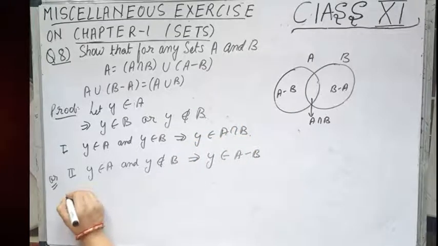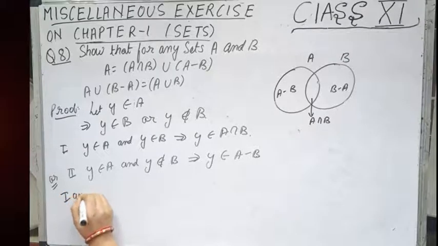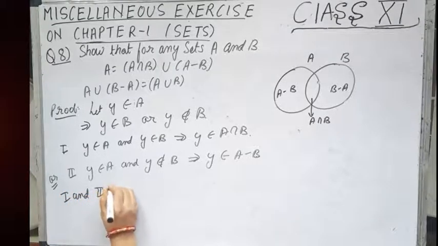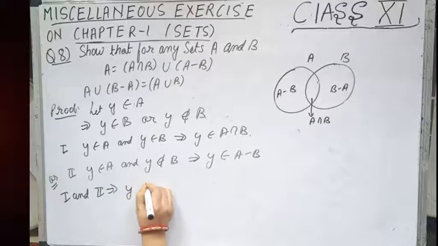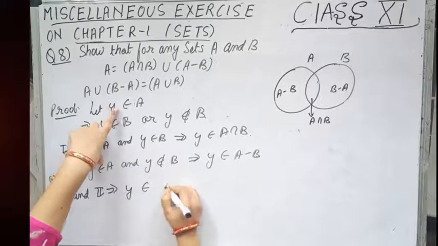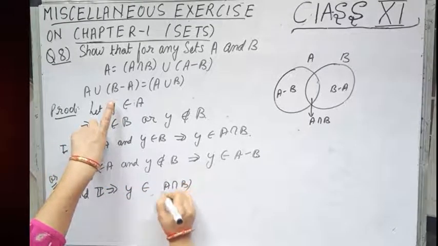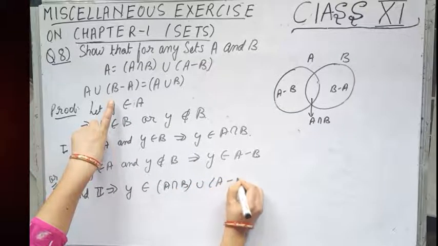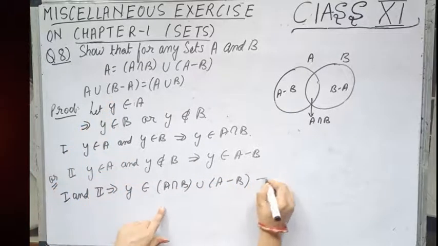Combining these two, we can write 1 and 2 implies y belongs to A intersection B union A minus B. So let us make it number 2.